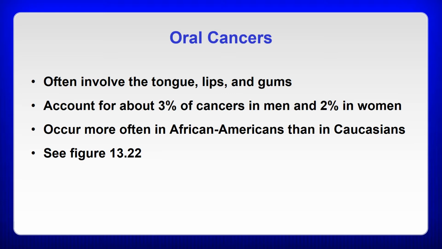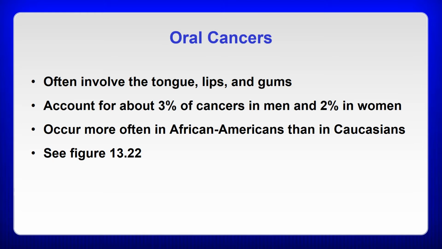Okay, oral cancers. Again, I had talked about this in the beginning. Make note of the differential diagnoses of the many different types of conditions that affect the oral cavity. Oral cancers can affect any area of the mouth, and there are some pictures in the book that illustrate some of the different types of oral cancers and what they look like.